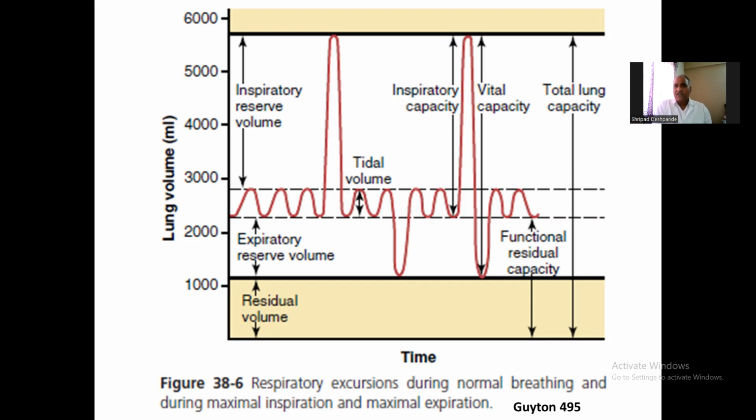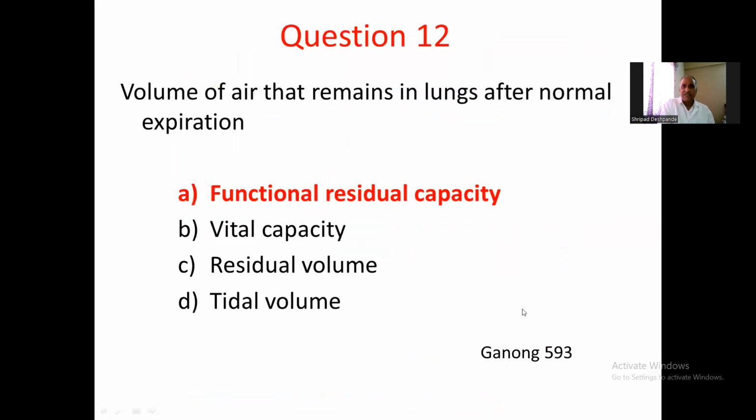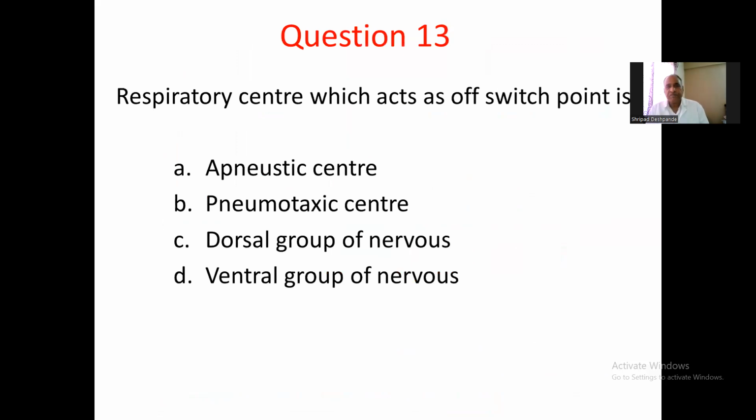The volume of air that is present in the lung after normal expiration. This is normal expiration. This is the amount of volume of air. This is the functional residual capacity. Hence, the correct response is A, functional residual capacity.